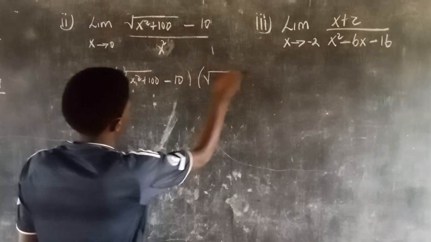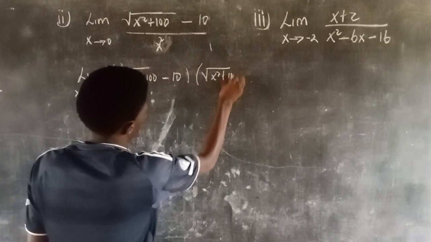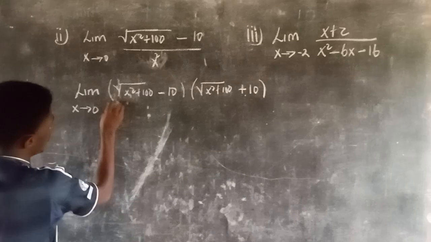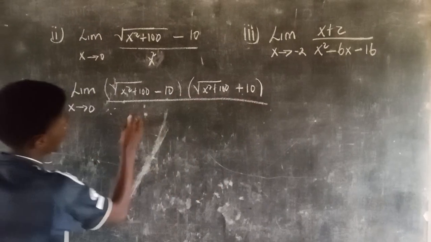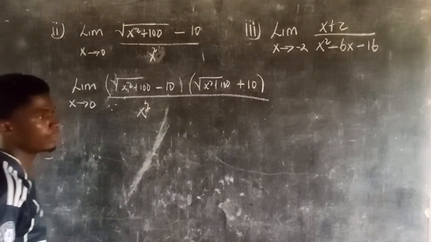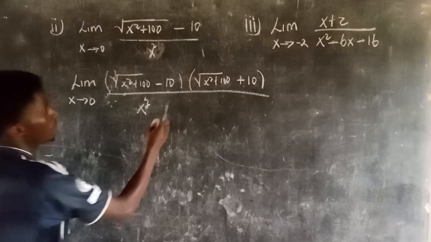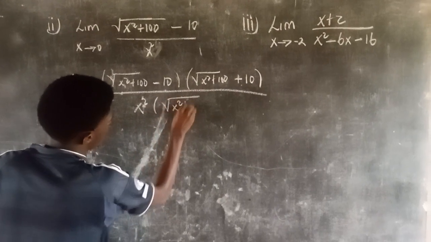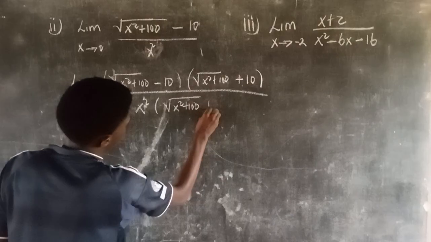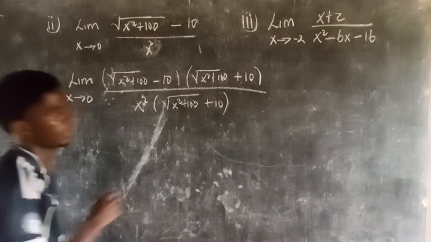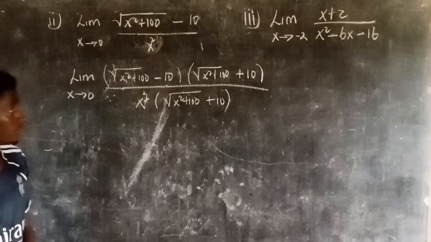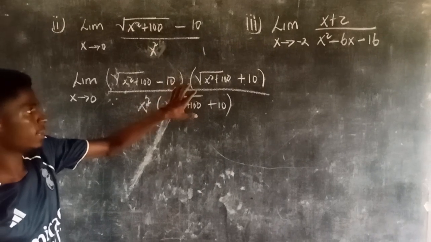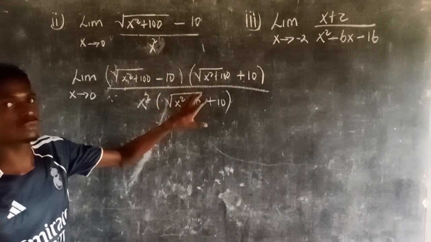So you have the root of x squared plus 100 plus 10 this time, over x squared. Even the denominator, you multiply it by the same expression, which is the root of x squared plus 100 plus 10, like that. You can see that on the numerator there, you have a difference of 2 squares.